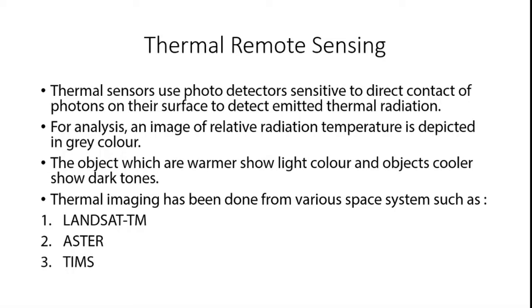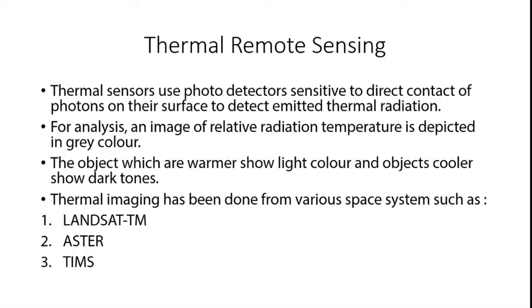Thermal remote sensing is where thermal sensors use photodetectors sensitive to direct contact of photons on their surface to detect emitted thermal radiations. Each energy is made up of photons, that is, energy particles known as photons.